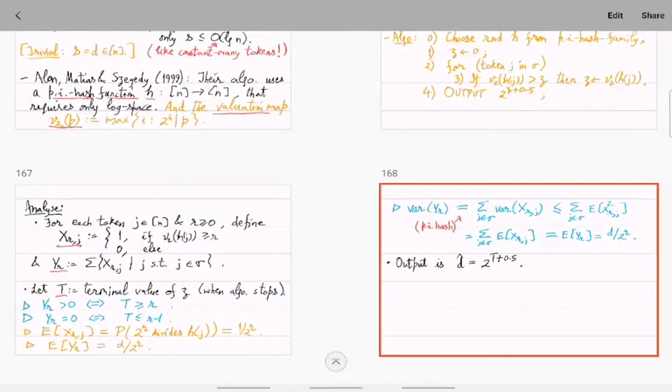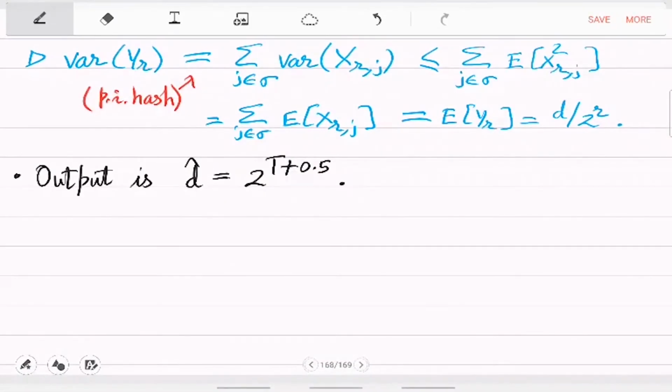So, in the algorithm, this output is 2 raised to t plus 0.5, right? Maximum value of z is t. So, that is our d hat. Now, let us compare it with 3d and d by 3.